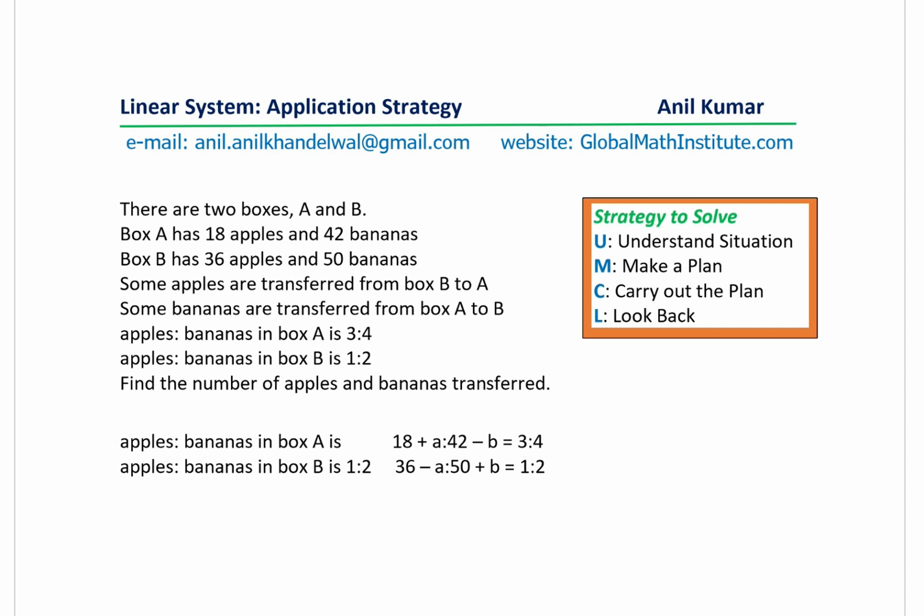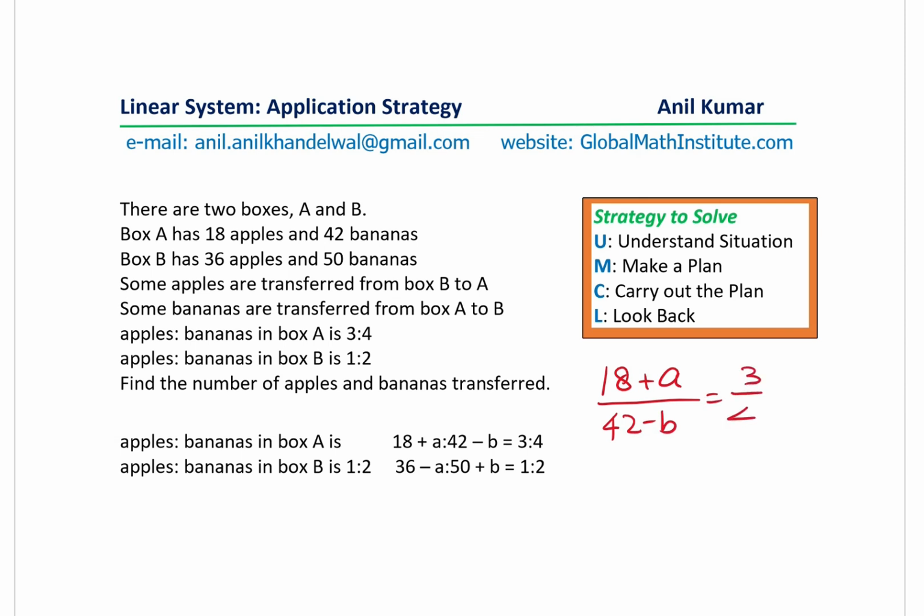To summarize, what we have is the conditions given to us, and I'll rewrite them. I wrote them in terms of ratios, but it is always better to write them as a fraction. So the apples over the bananas in box A is 18 plus A over 42 minus B, and the ratio is 3:4.